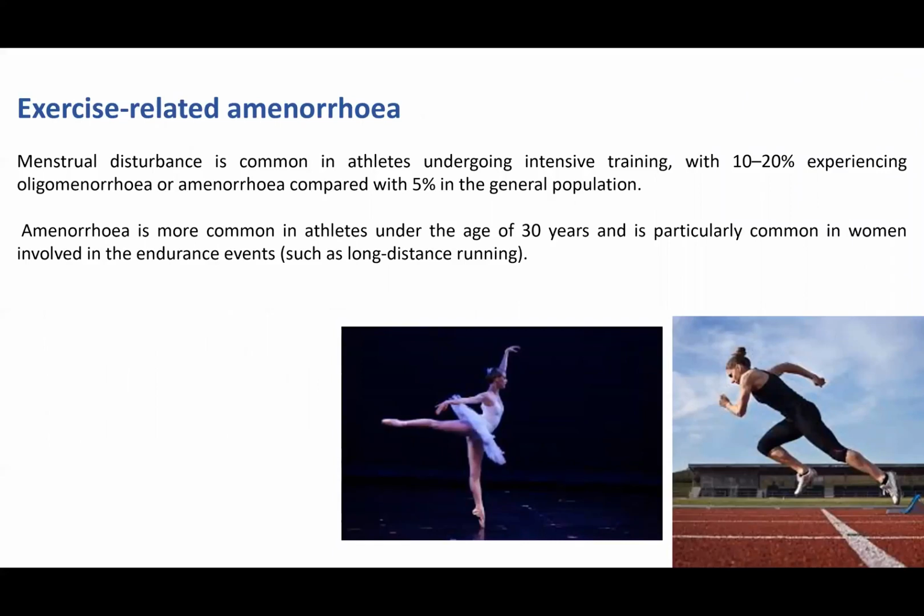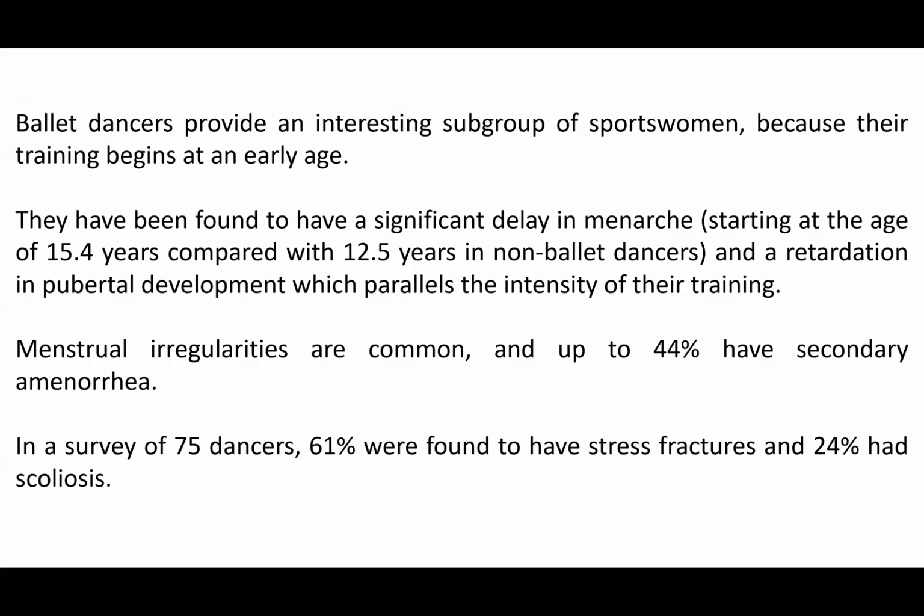Exercise-related amenorrhea is found in patients who undergo extensive training, for example, gymnasts, long-distance runners, and ballet dancers. Unfortunately, these patients will have a significant delay in puberty, retardation of pubertal development. They are at risk of menstrual irregularities and even fractures due to the hypoestrogenic state.